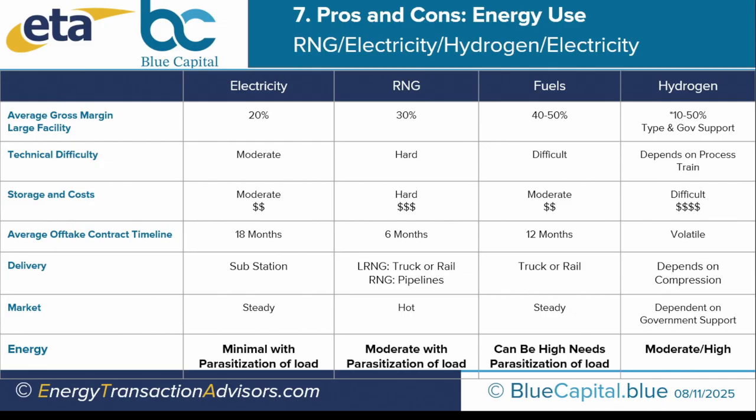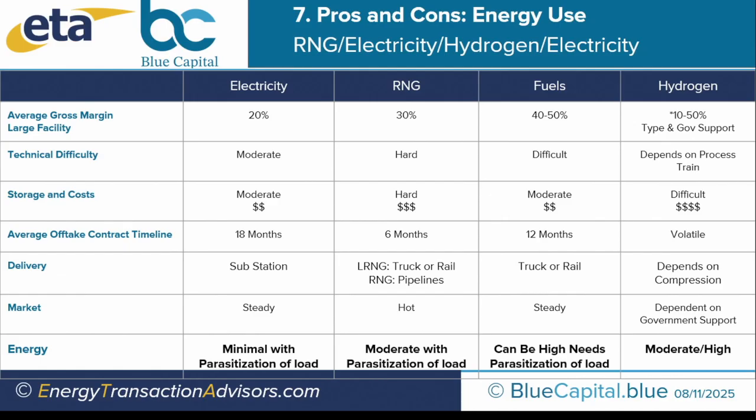There we go. So yeah, you're really quite correct on that. Electricity is minimal. RNG is moderate. So each of these we're kind of taking into consideration. We're going to parasitize a little bit of our load to help supplement the energy costs on it. Fuels can be very high.